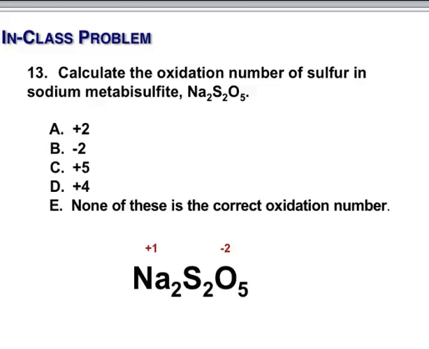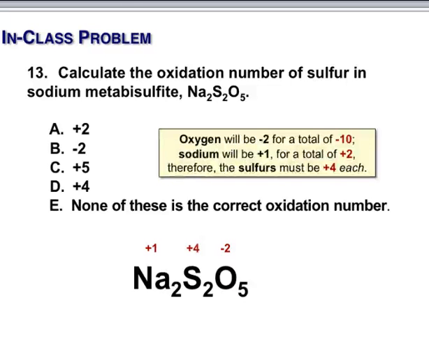We have 2 positives. Each sulfur must be +4. Ten negatives, 8, 9, 10 positives. Again, make sure you get this because this is going to be important.